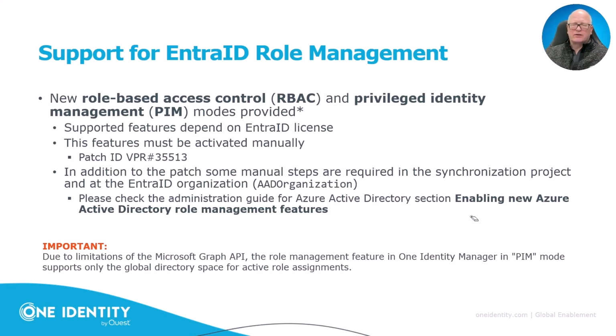You see here on the slide as well something that is called patch ID. For all the people who don't know that, these are patches on synchronization projects. So if you see such a number, VPR 35513, that means if I open my synchronization project just for Entra ID in Identity Manager, Synchronization Editor, and I apply that specific patch, then I get the specific functionality.